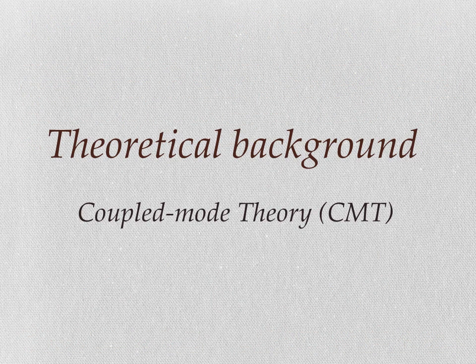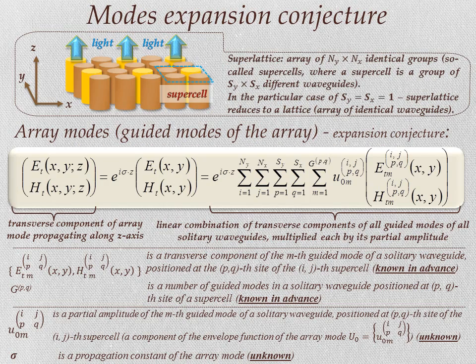Theoretical background: coupled mode theory. Let me start from the modes expansion conjecture. Consider a general case of a superlattice, namely an array of ny by nx identical groups, so-called supercells, where a supercell is a group of sy by sx different waveguides.